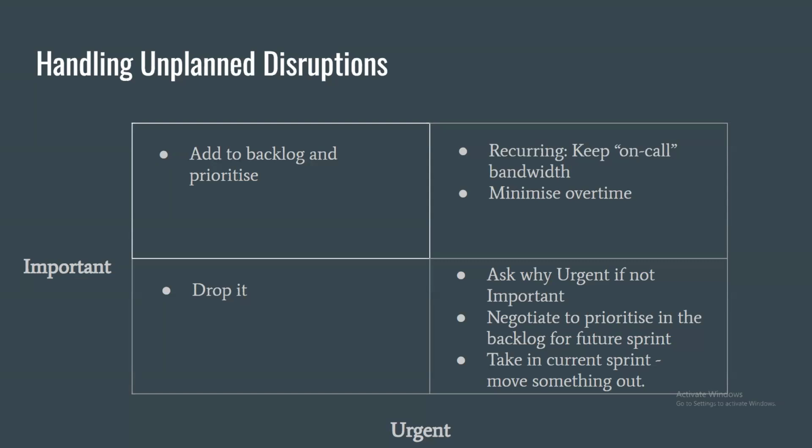But knowing which bucket it falls in will help the product owner and the team have a plan to handle these. I was thinking, since we were talking about unplanned disruptions, these things we never plan because we never would have predicted them.